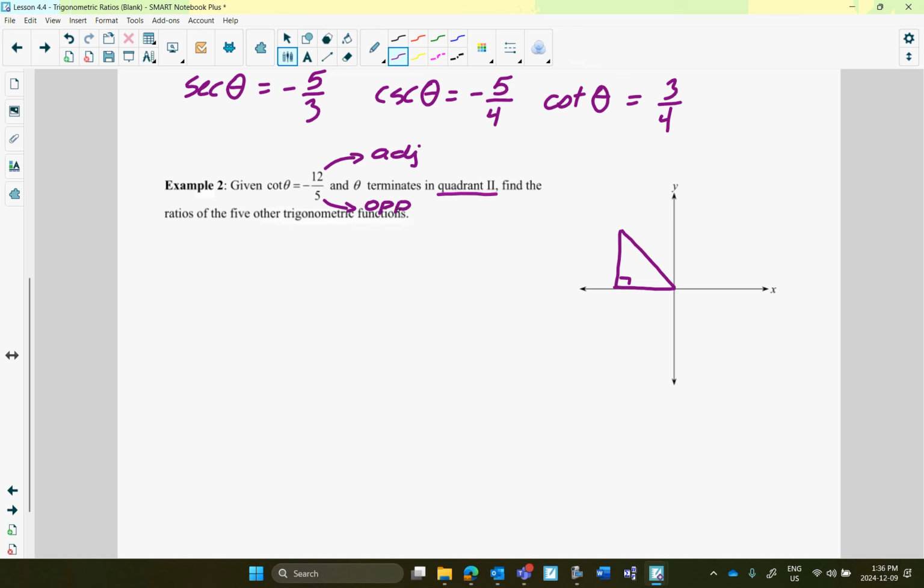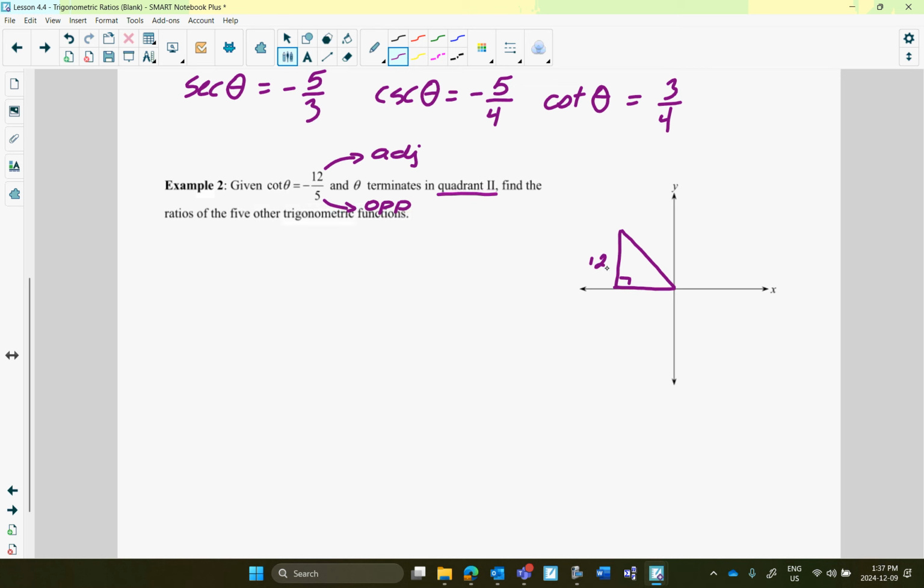The question is, where does the negative go? Does it go to the 12 or does it go to the 5? It can't go to both. Okay? Remember, we're in this quadrant. This is the opposite, right? Positive or negative? This is positive, so this must be 12.